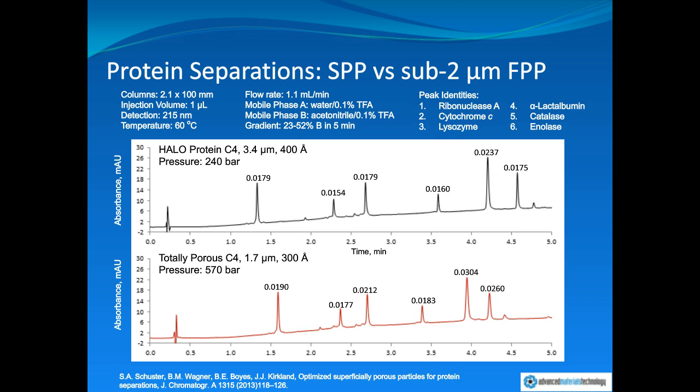So in fact, the peak widths are better, the column efficiency is improved. And we described this a couple of years back, certainly can be the case, when we look at the comparison of the effect of improving the pore size and the use of superficially porous particles versus very small diameter fully porous.